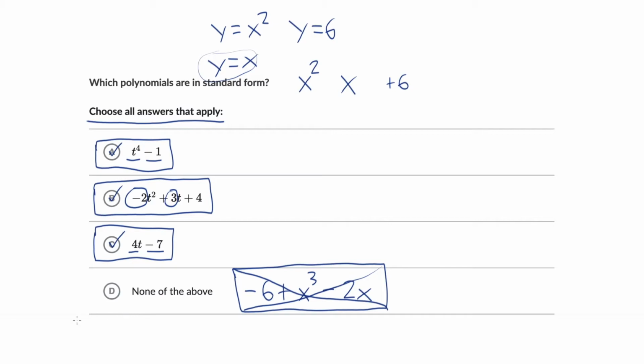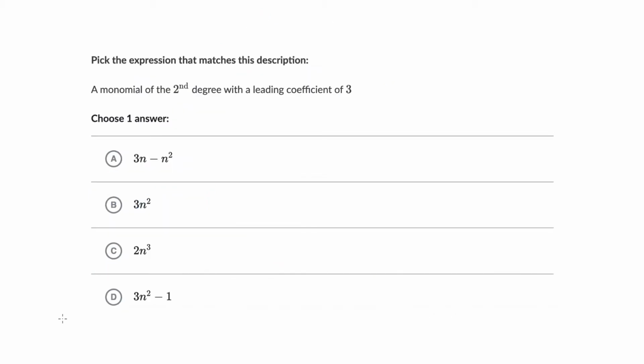Let's go do another problem. All right, this is problem number 3. It's asking us to pick the expression that matches this description: a monomial of the second degree with a leading coefficient of 3. Okay, so let's circle what we know.